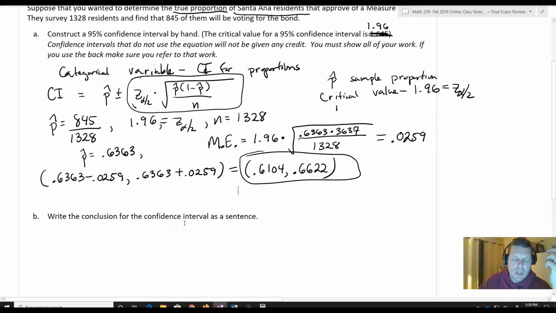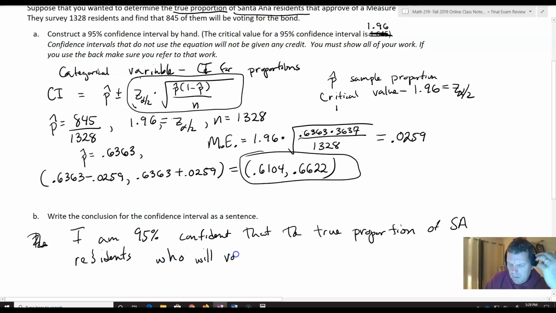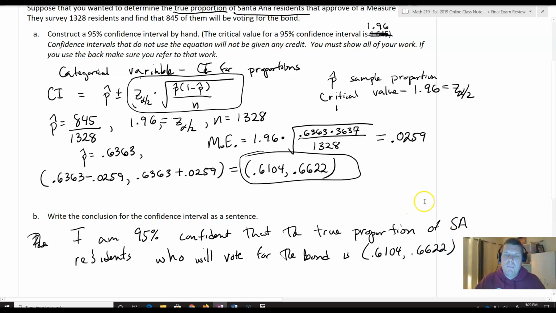So now, in the conclusion for the confidence interval: I am 95% confident that the true proportion of Santa Ana residents who will vote for the bond is between 0.6104 and 0.6622, or between 61.04% and 66.22%. So somewhere in that region.